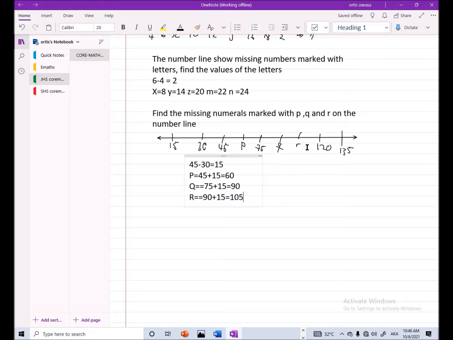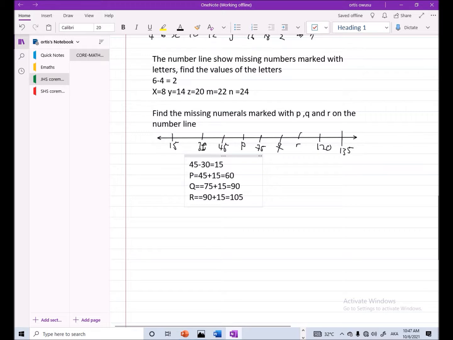So easy, right? If there's a range given to you on the number line, just look at it. Subtract any of the figures. Just subtract the bigger one from the smaller one. In any given, don't come and subtract 45 minus 15. No, you get it wrong. This is 15 and 30.